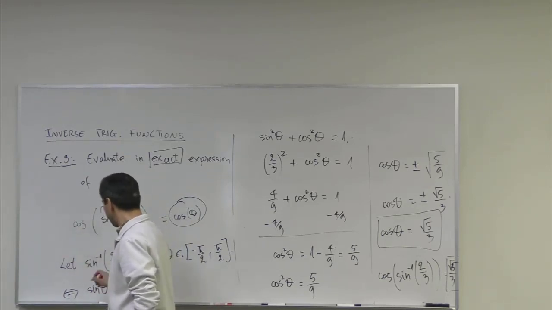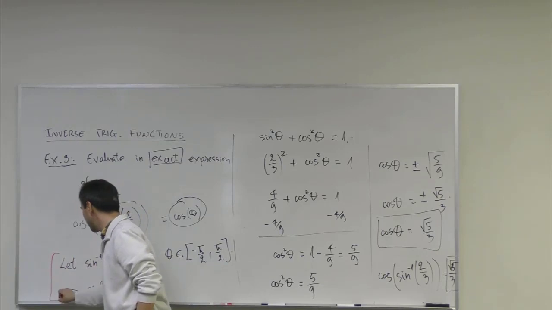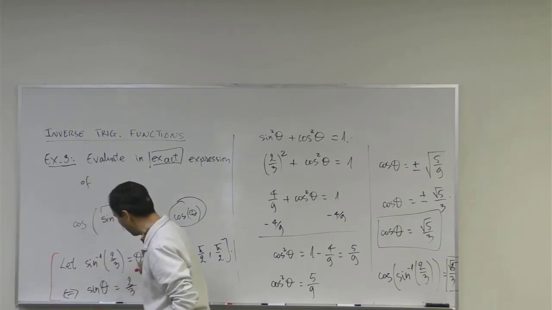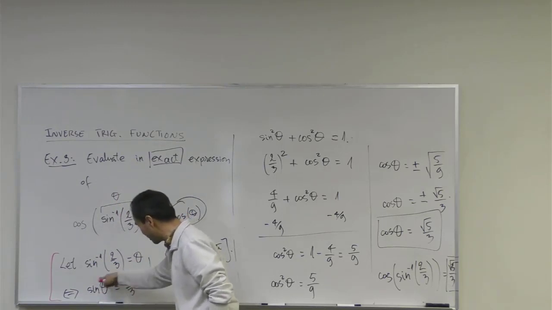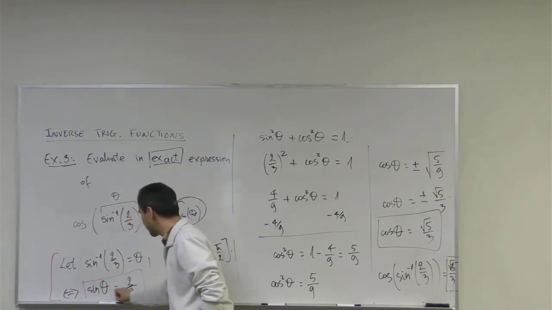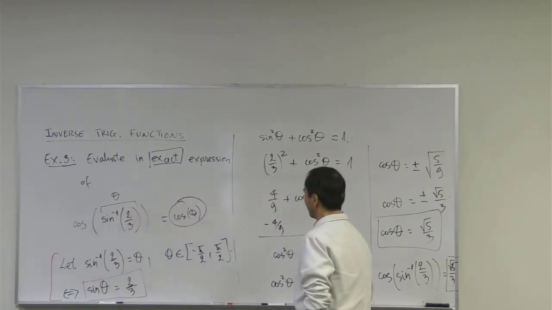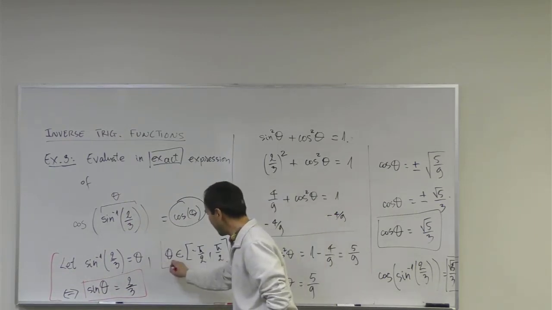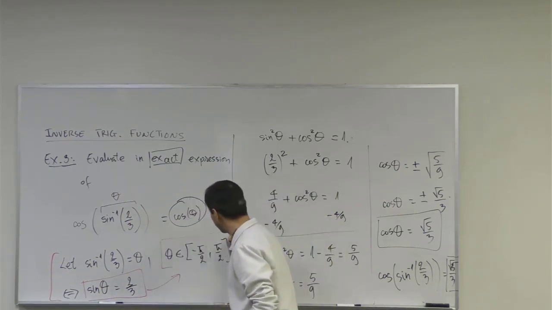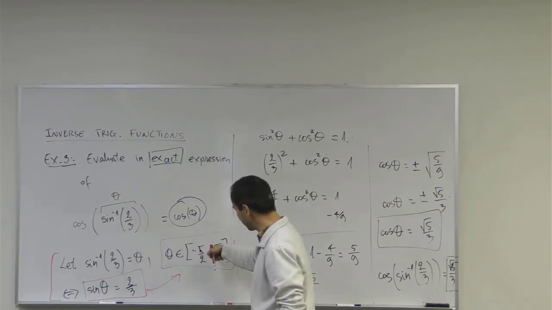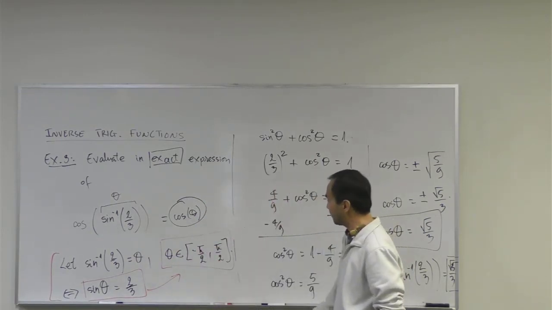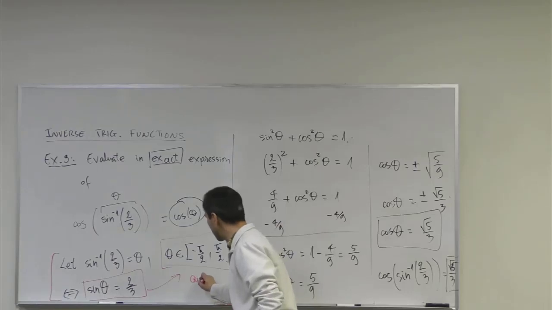So the first thing we do is let the inverse come out with an angle theta. See what I mean? Then we switch that around to turn it into a trig equation, like that. And then make sure to indicate properly the destination for your angle, because this gives some useful quadrant information.